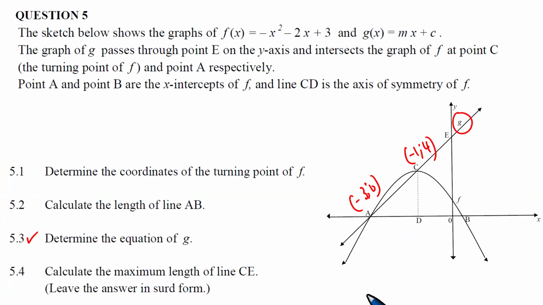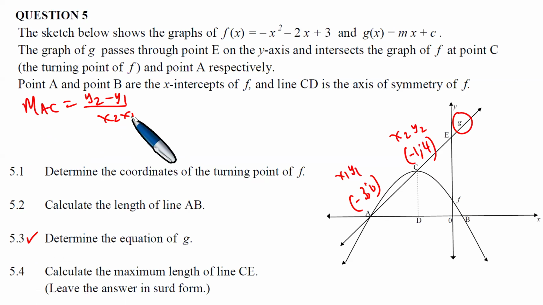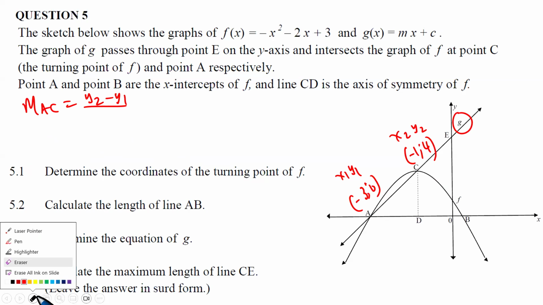what we are going to do is to find the slope, using x1, y1, x2, y2. So you find the slope, y2 minus y1 over x2 minus x1.